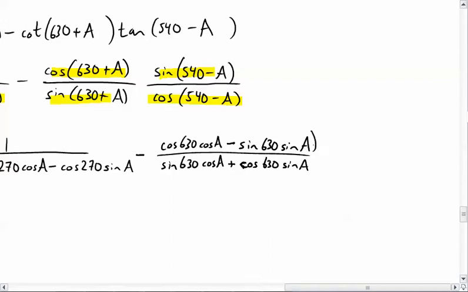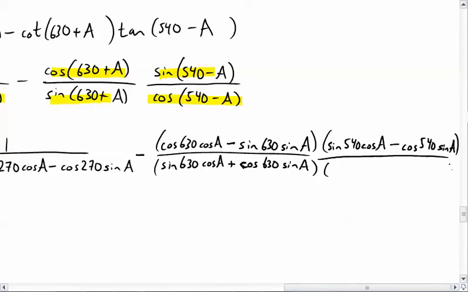And then that's all multiplied by the next fraction, which will be sine cos, and I don't change the sign, so minus cos sine. And in the denominator, I have cos cos, minus sine sine. Phew!